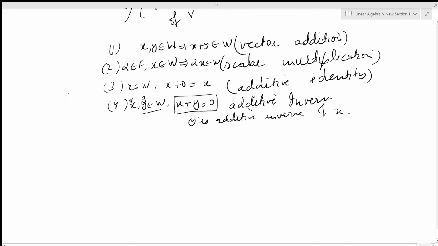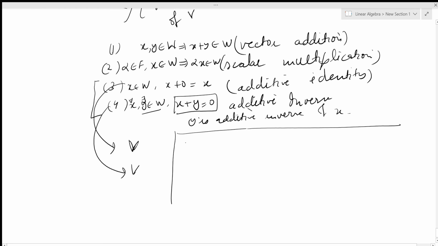So now let's go with these 3 and 4. Guys, this is also the same for V, and this one is also obvious for V. Now let's prove that. Let W be a subspace. So if it is a subspace, that means it is a vector space for all the 8 properties.